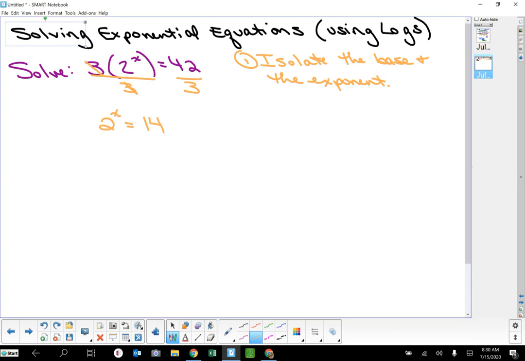Now, to actually solve this, there's no log in there, and 2 to no power that we know is 14. It's a decimal power, but no power that we know.